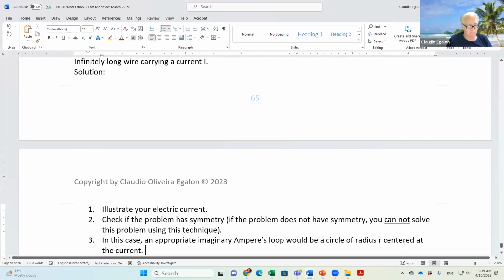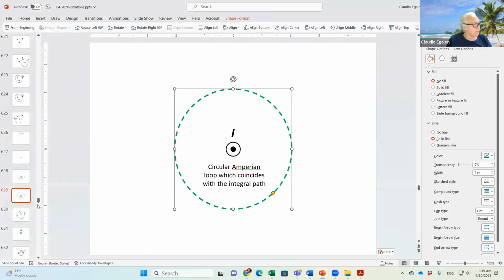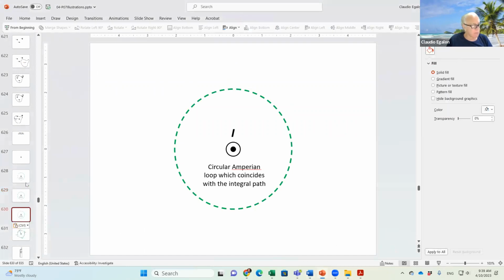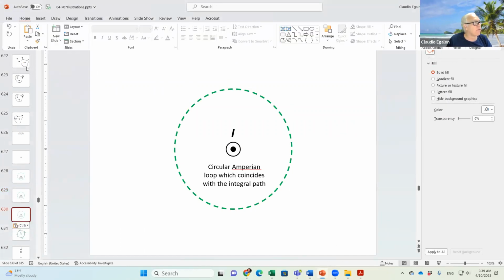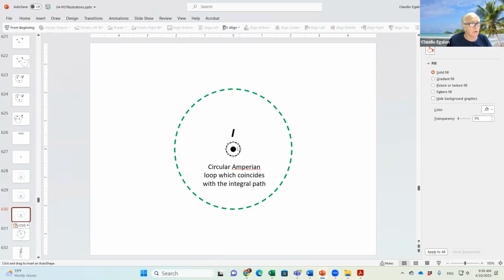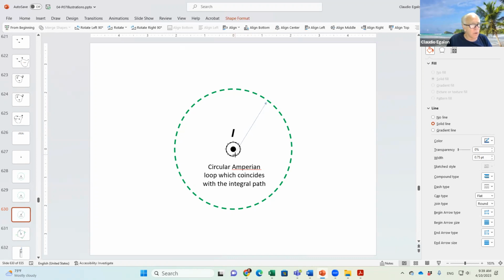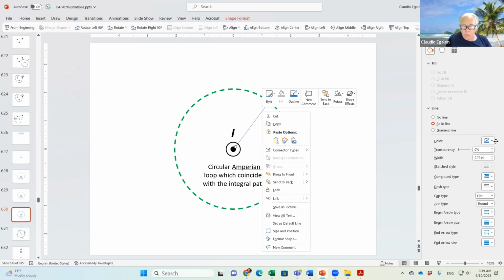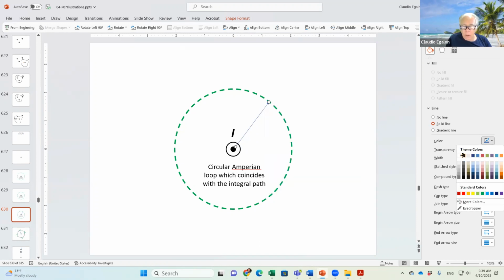Now I'm going to show the radius R of this Ampere loop. Don't forget, this is just an imaginary loop, a mathematical abstraction that we use to solve the problem.